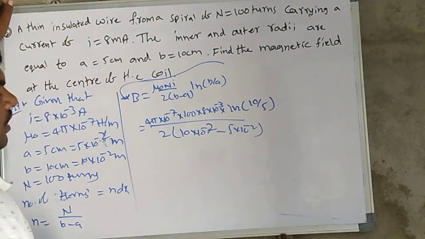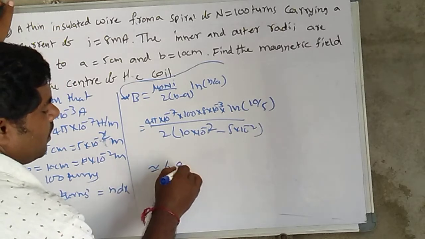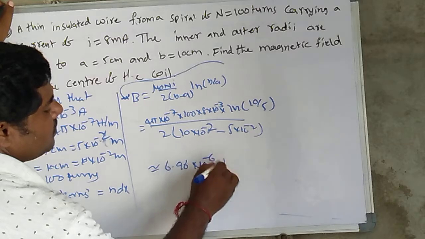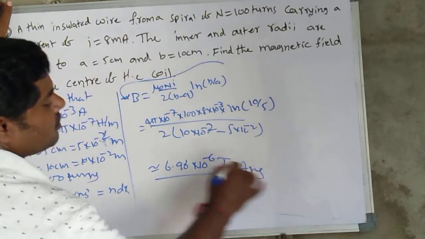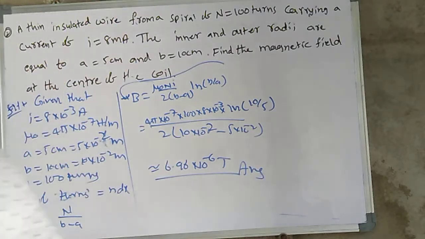You may simplify, you will get approximately 6.96 into 10 to the power minus 6 Tesla. This is the answer to the question.